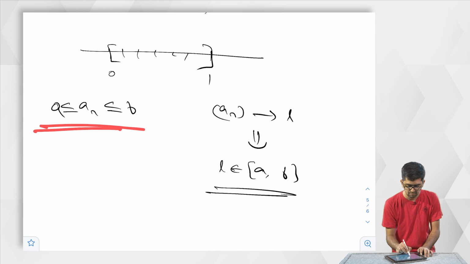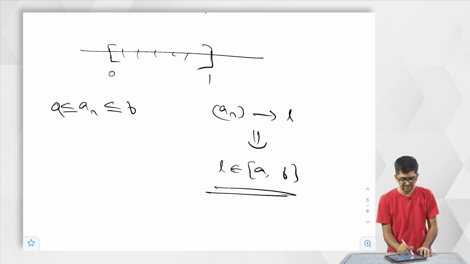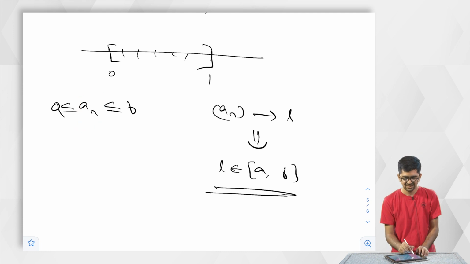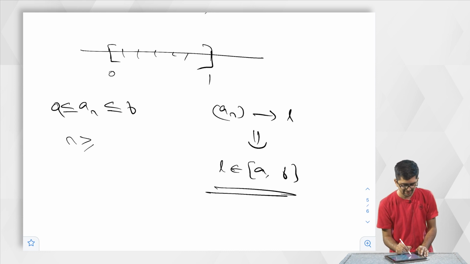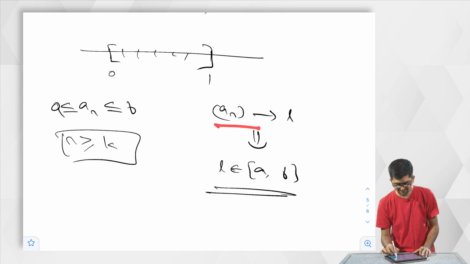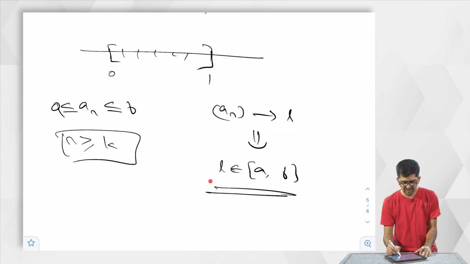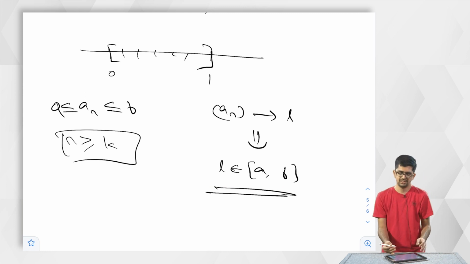Further, the assumption that we are making here we can change slightly. Suppose a less than or equal to an less than or equal to b for every n greater than or equal to k for some fixed k, then if it is convergent, that element L should be in between a and b. This is also the same statement.